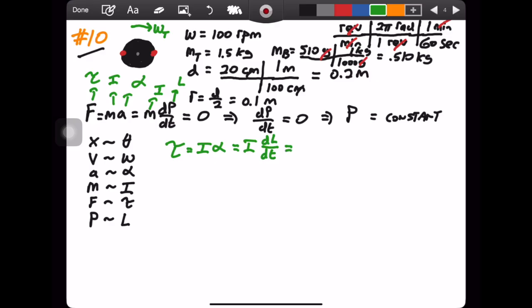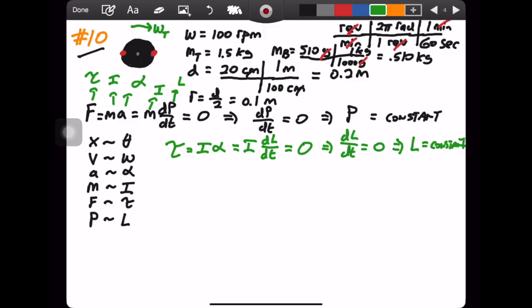And so if, when those red masses fall and stick to the turntable, the net torque is zero, then this is zero, which is to say dL/dt equals zero, because there is a moment of inertia, because there's mass with both the turntable and the masses that fell onto the turntable, which is to say that the angular momentum equals constant.